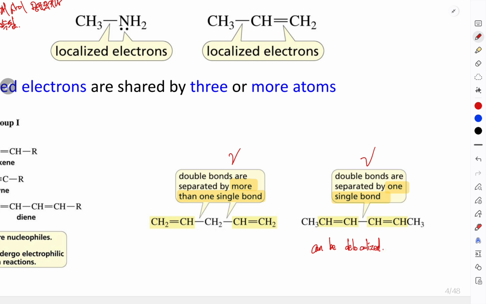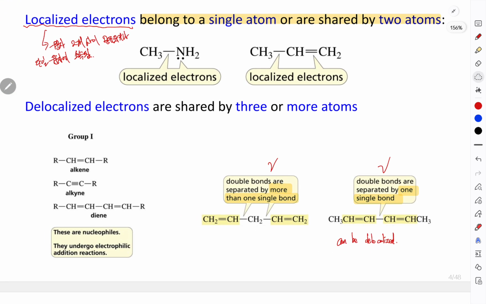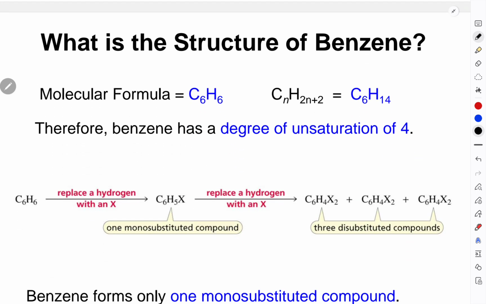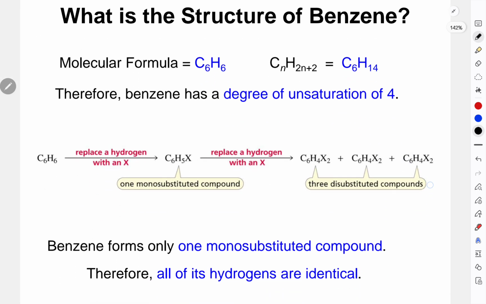And a typical example of delocalized electrons in a molecular system, a well-known example, is benzene. You know how benzene looks. The molecular formula is given like this, C6H6, right? And then you can calculate the U, the degree of unsaturation.